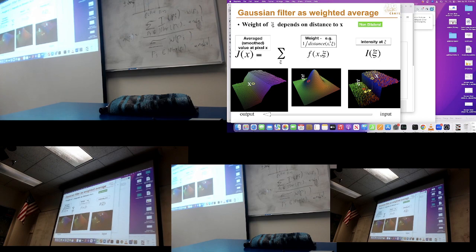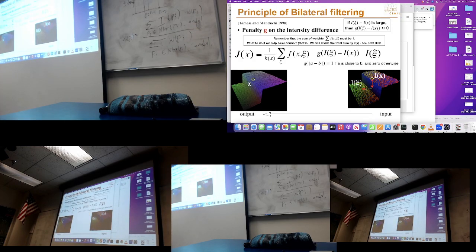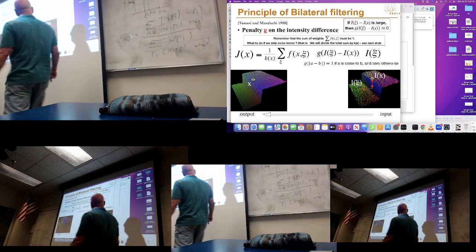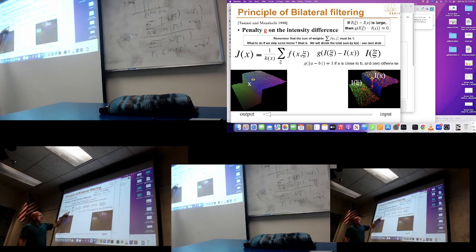So instead of having just this Gaussian, what should we do? I'll have the same function that we had before. 1 over k of x is just how much weight I could accumulate from the useful pixels.